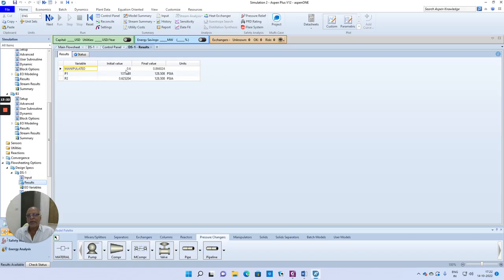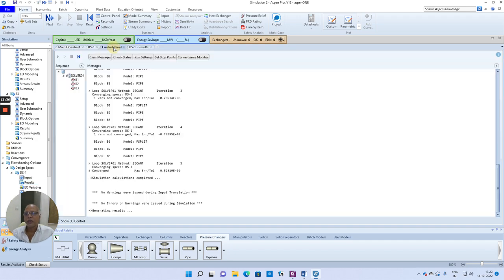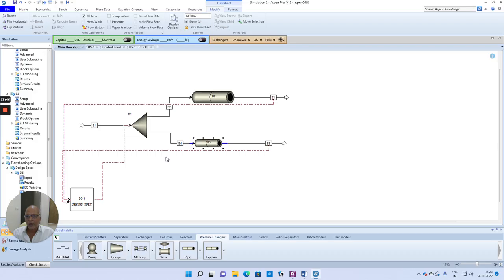But when this fraction is increased to about 0.866, the pressure from the exit of both the pipelines is made equal. So this is once again going to make use of the secant method. This is the default method used by Aspen to solve any design specification problem, and you can just observe what is happening here.